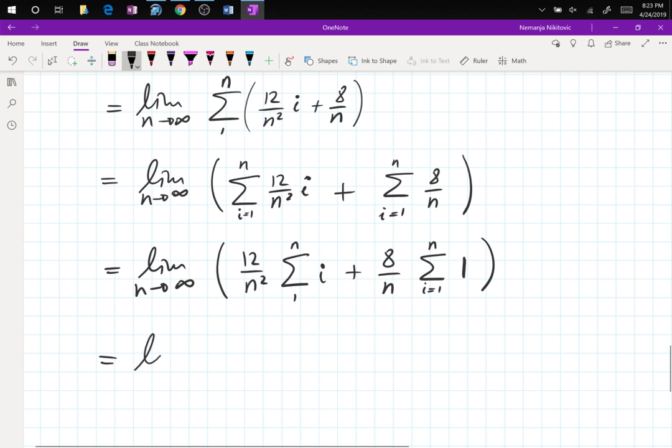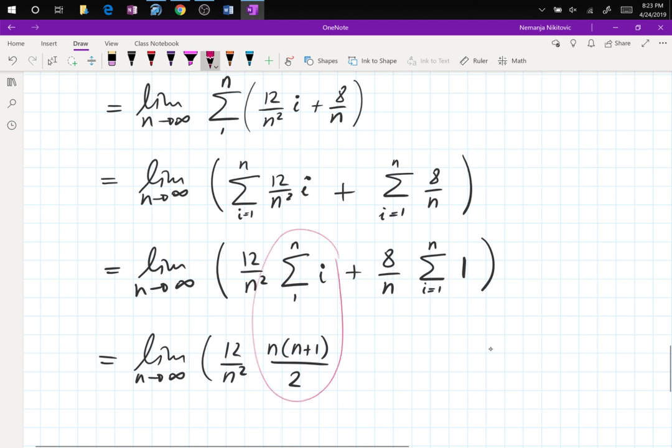So now, limit n goes to infinity, 12 over n squared. Now, my i over here turns into n times n plus 1 over 2. So I'm going to actually circle these as a pair and say formula, page 345. Then we have plus 8 over n. And then this is going to be just 1 times n.